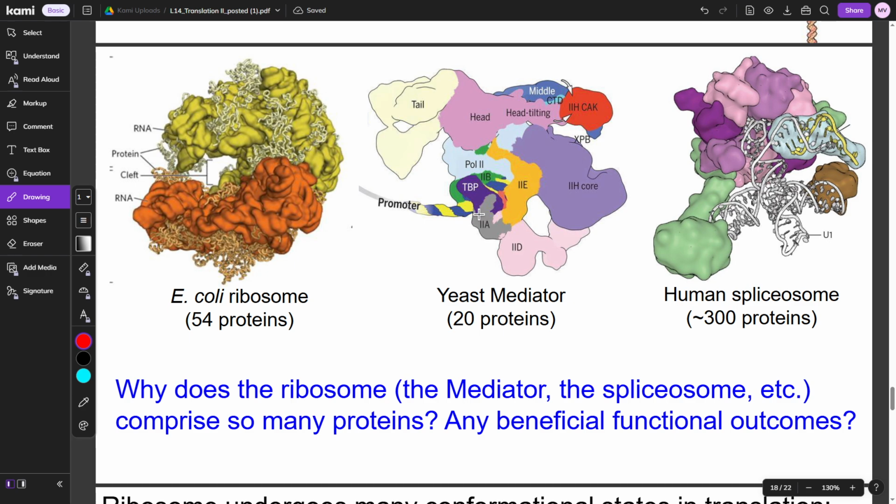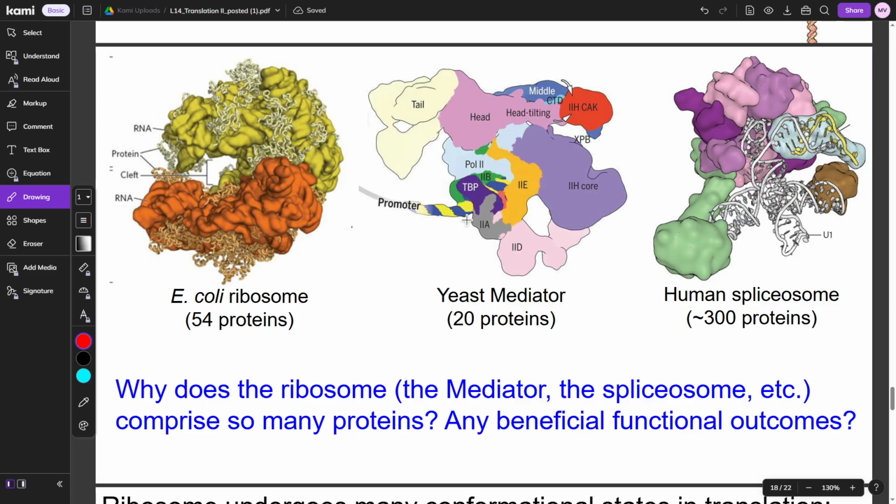And this is a slide talking about why a lot of these things are multi-subunit and what the beneficial function is. From what I understand, the reason you would use multiple subunits in this case is that it allows for tighter, better regulation.